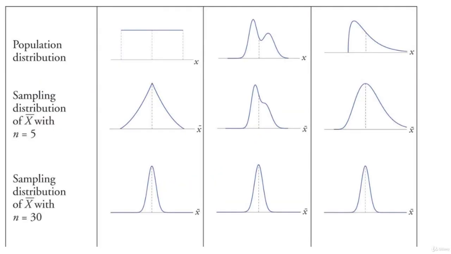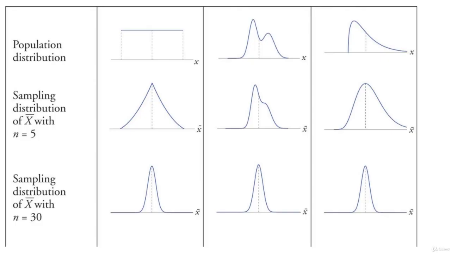The population distribution looks like the topmost row. When we plot the population distribution, we have three examples. Whenever we sample a distribution of X and we calculate the means, let's say n equals 5, which is less than 30, we can see that these figures do not actually approximate the normal distribution.